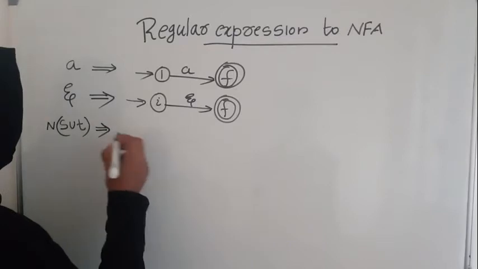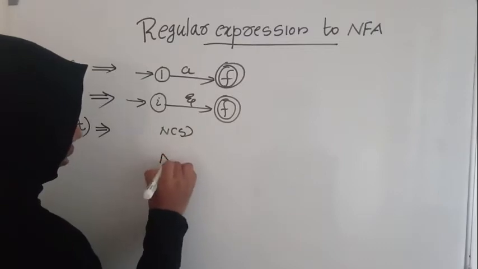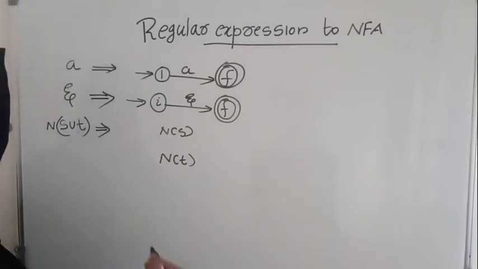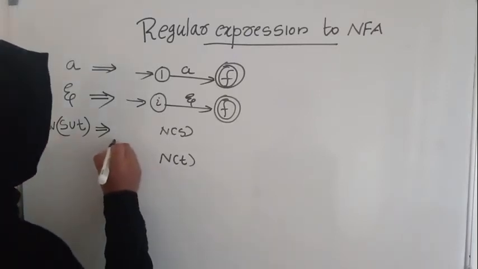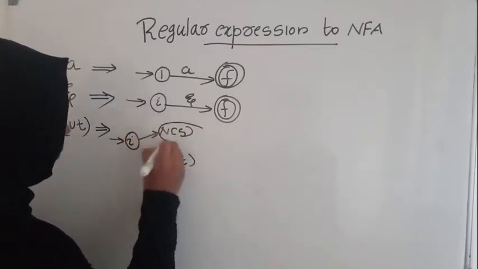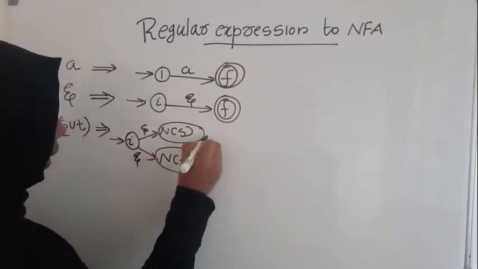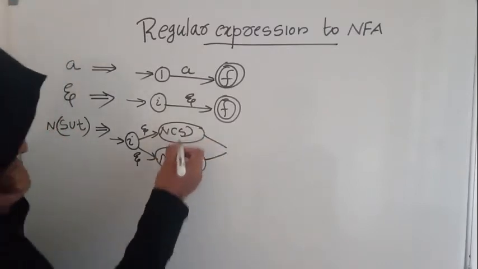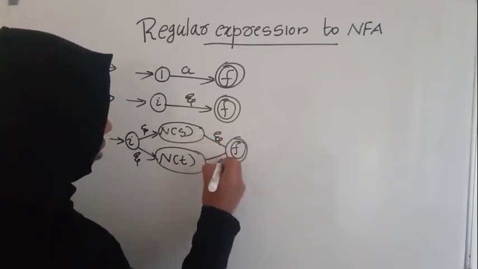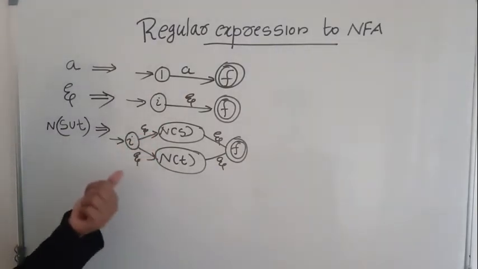That is, you have the NFA for S, you have the NFA for T, and now the NFA for S union T, or S or T, can be drawn as: introduce a new start state I, connect to these NFAs using epsilons, and connect these two individual automatons to a final state F using epsilons again.